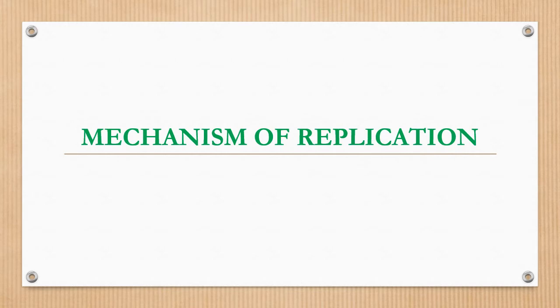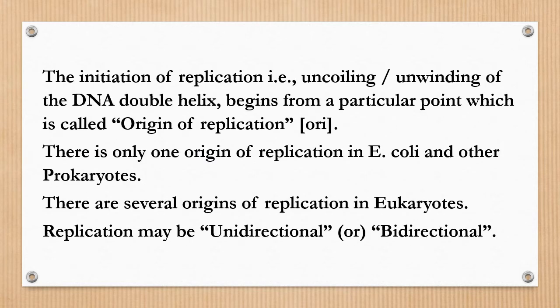Now, the mechanism of replication. The initiation of replication, that is the uncoiling or unwinding of the DNA double helix, begins from a particular point which is called the origin of replication, or replication unit, or replicon.